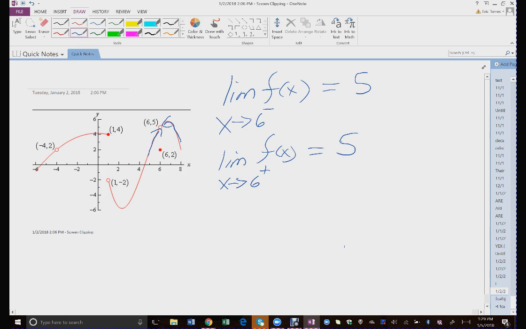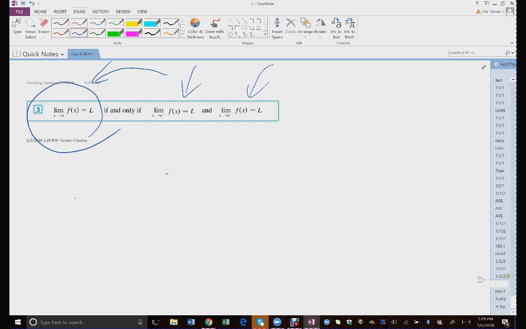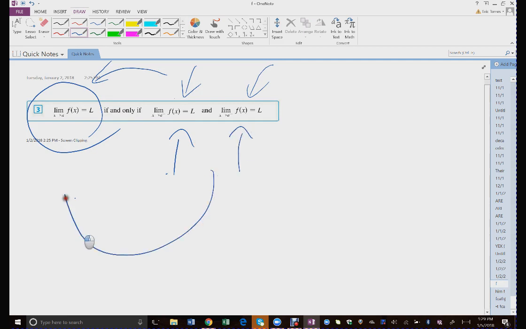This is important. It's very important because the point f of 6 is 2. However, according to our definition that we just had right here, if the limit from the left and the limit from the right are the same, then by definition it is the limit of the function.